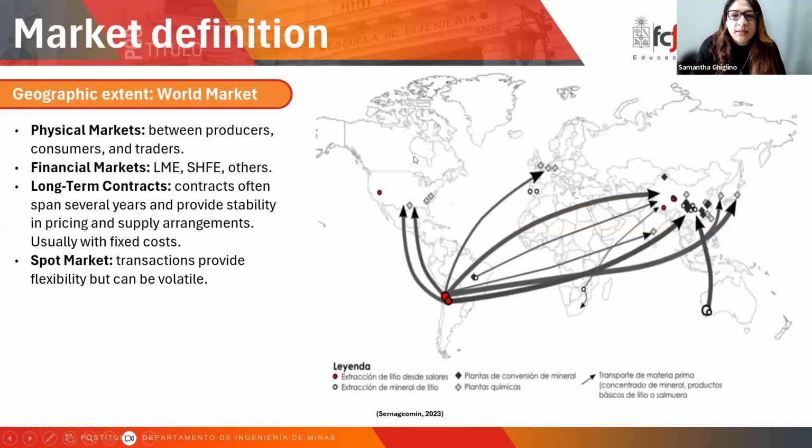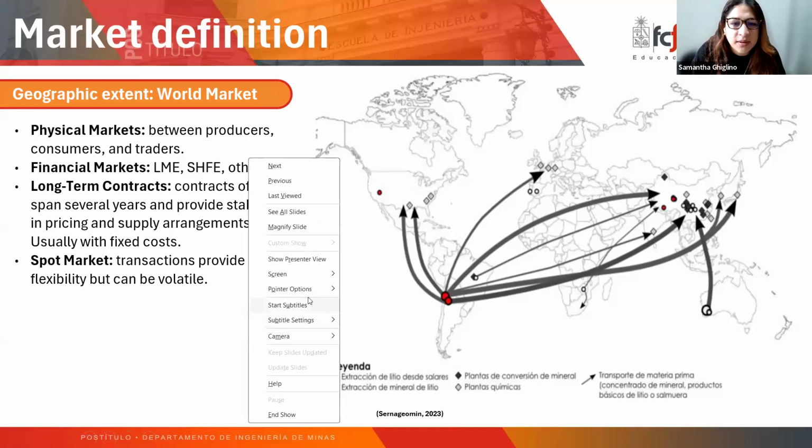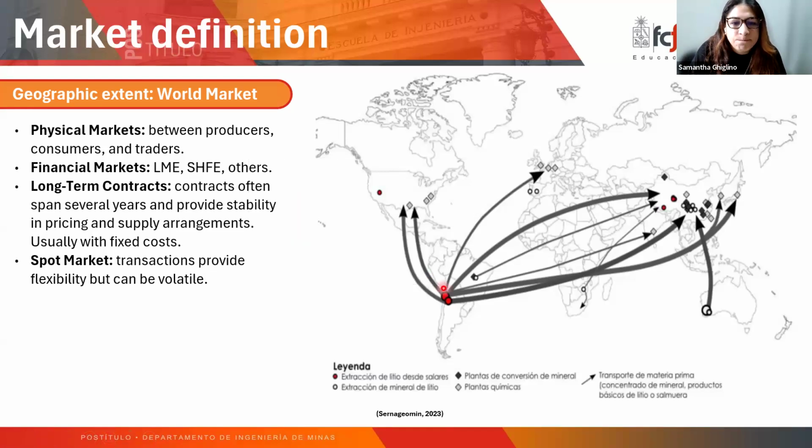Here, this is a really interesting graphic, we think, because it shows how lithium is traded from and to. The red dots here are the lithium produced from brines, which is mainly in South America, and the white dots correspond to lithium extracted as mineral.